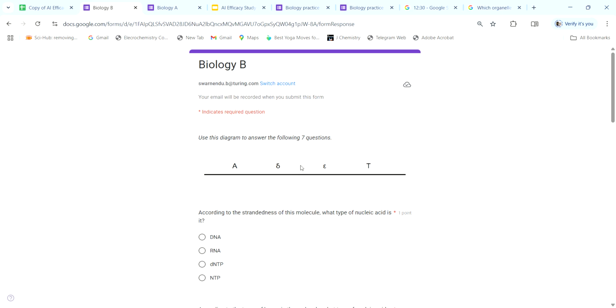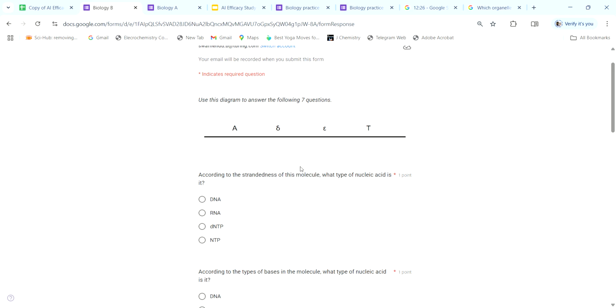Use this diagram to answer the following 7 questions. So this is a single stranded structure. According to the strandedness of this molecule, what type of nucleic acid is it? As it is single stranded, I can go for RNA. DNA, RNA, dNTP, NTP.